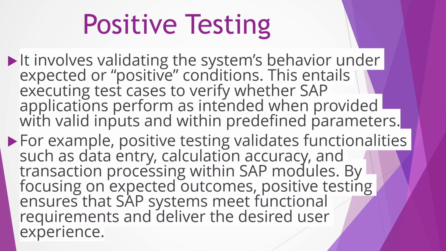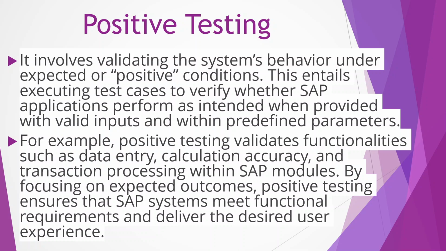This is the expectation from an F-28 transaction. If all the parameters are given with correct inputs and it is able to clear the open item of the customer, then it means it is meeting the requirement and it is working as expected, and it will give you the correct result.